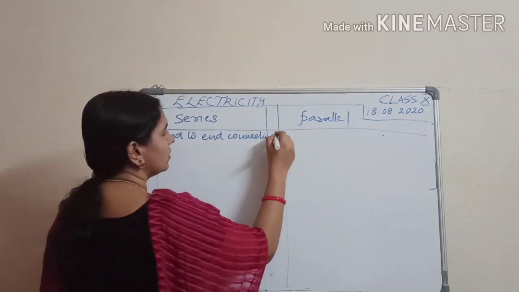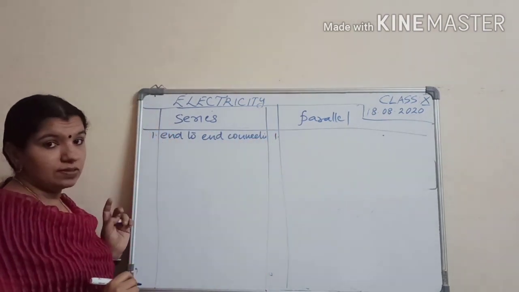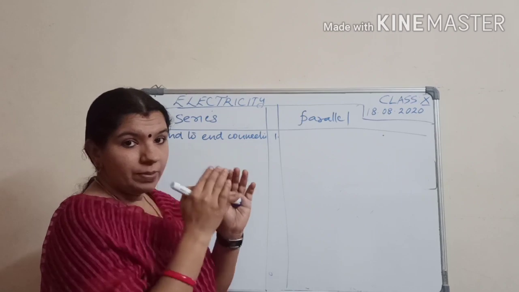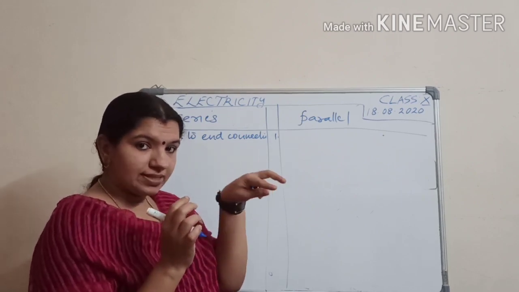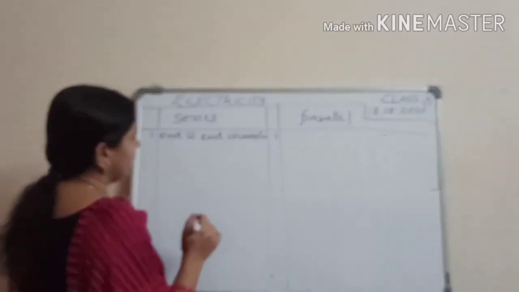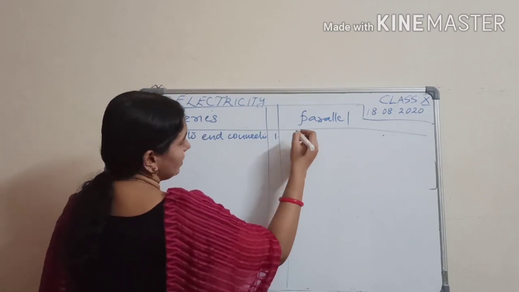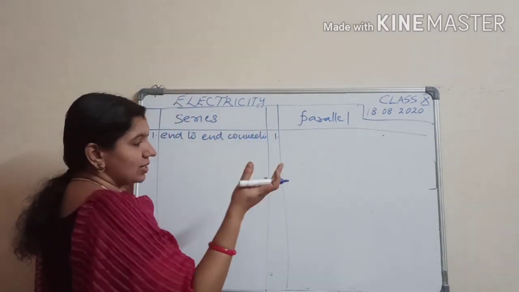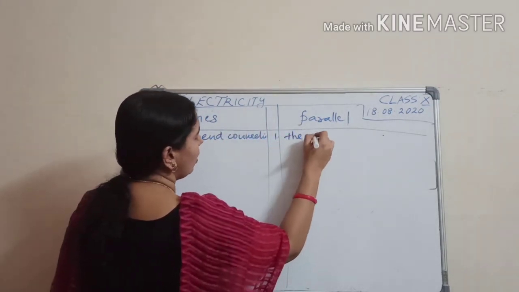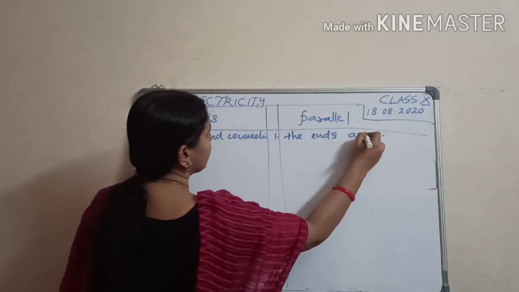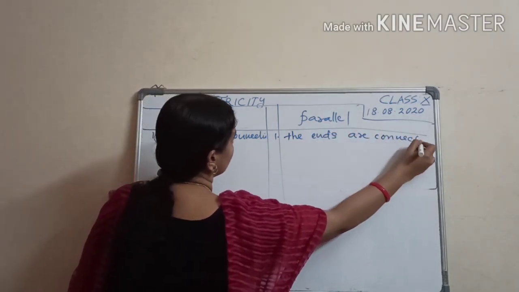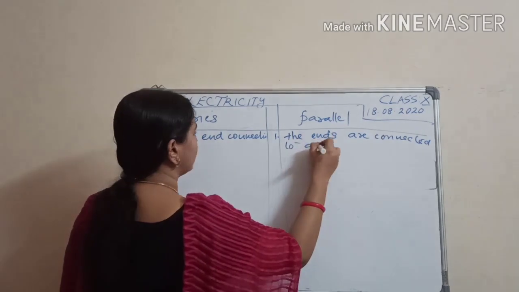Now here, what is the first point? The terminals of all the leads are connected to a common terminal. The ends are connected to a common point.